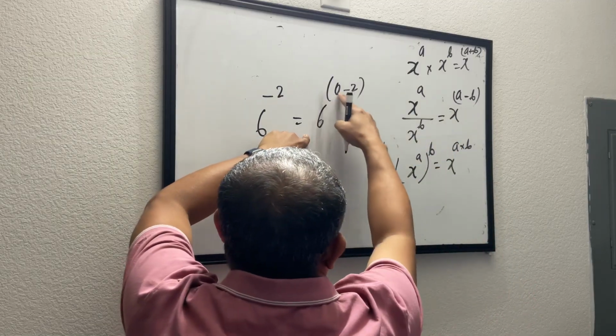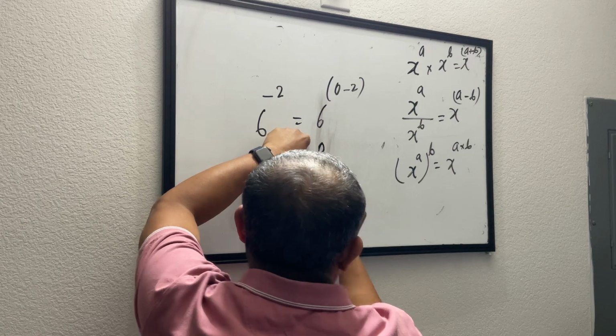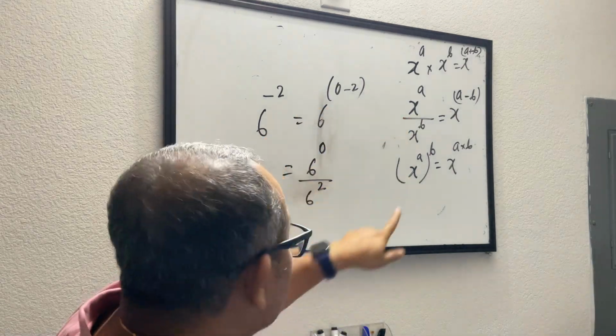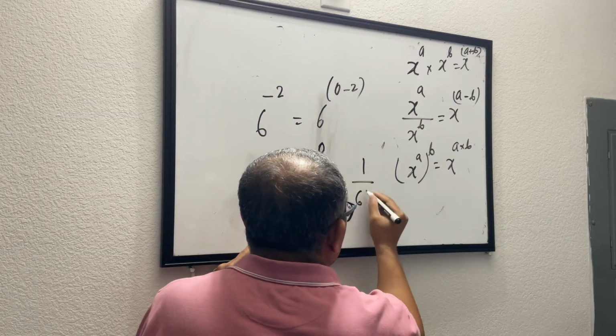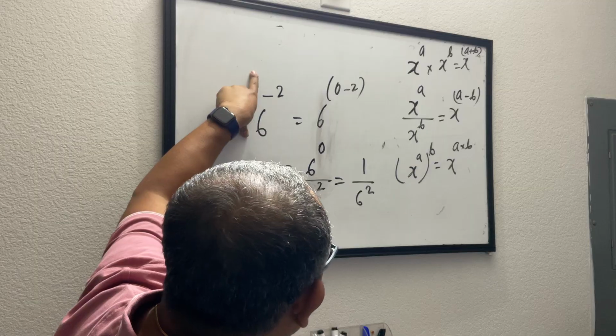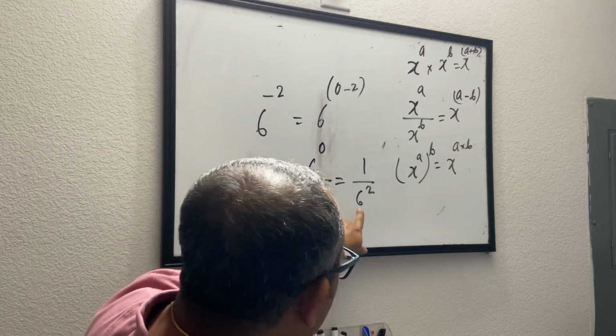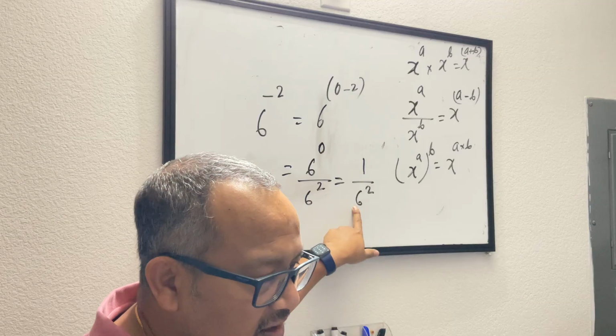So 6 to the power a minus b will become 6 to the power 0 divided by 6 to the power 2. Any number to the power 0 is 1. So when you have negative exponent, you can move it from numerator to denominator and the sign changes to positive. That's what Sid was saying.